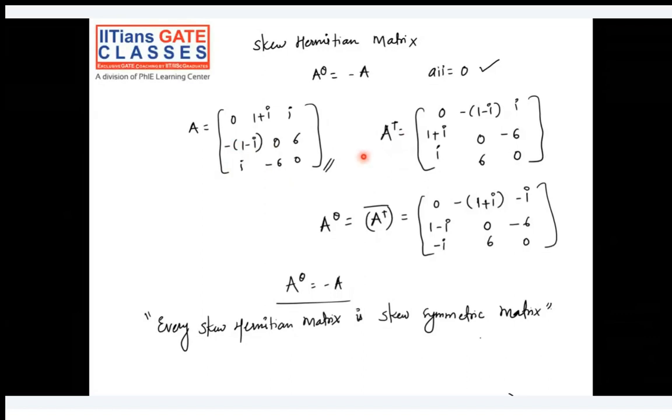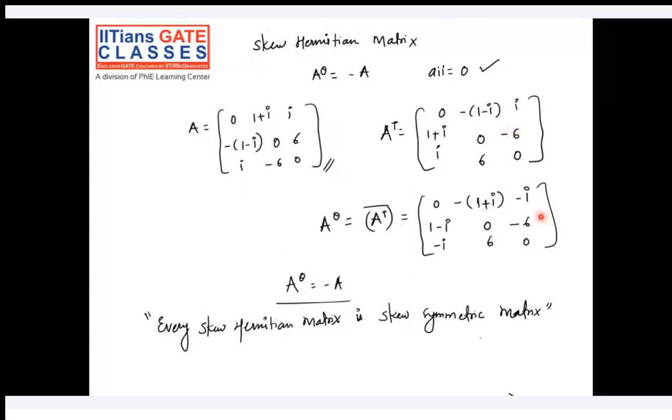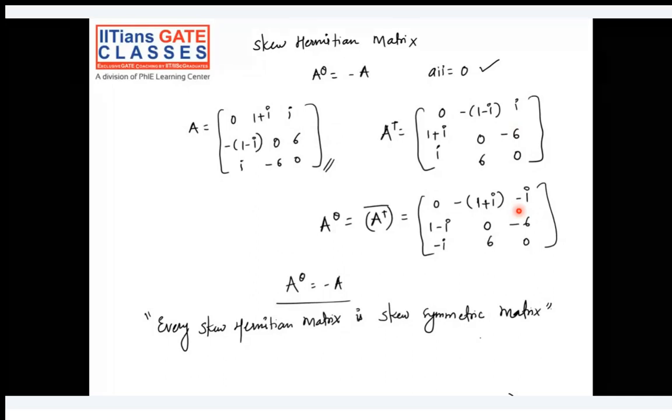First row will become first column, second row second column, third row third column. Here you are taking the transpose. If you take a conjugate of it, every complex term will be replaced by its complex conjugate. So for example, 1 plus i will be replaced with 1 minus i, and so on.